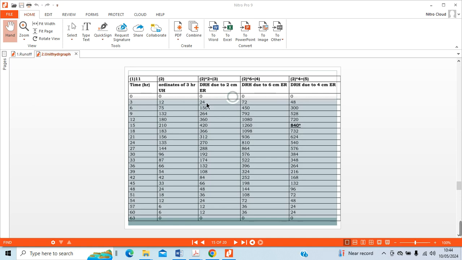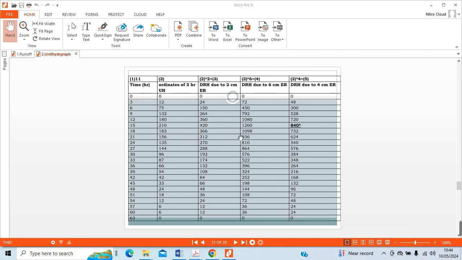So you have to multiply column 2 by 2. So 12 into 2, 75 into 2, multiply by 2. Then for 6 centimeter, multiply by 6, DRH due to 6. Then for 4 centimeter, you have to multiply with this column.